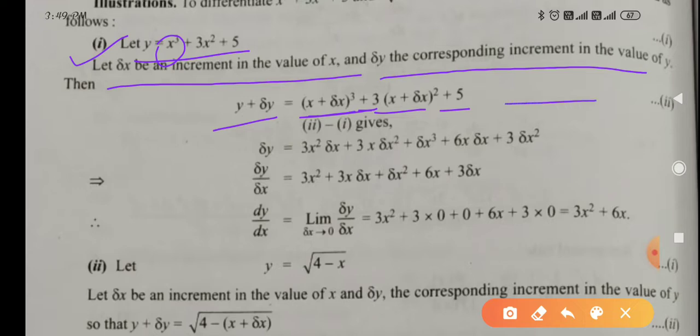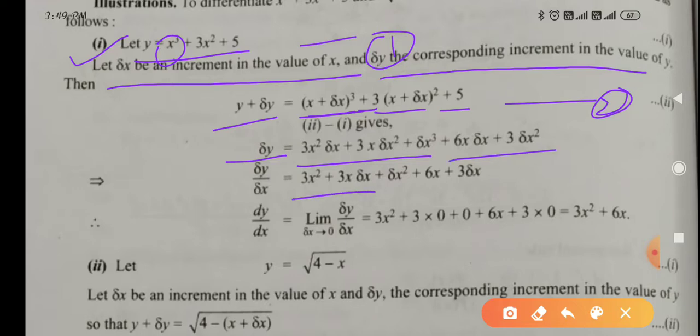This is the second equation, and that is the first one; you subtract the first from the second. So delta y will come on the LHS, and on the right, second RHS minus first RHS. Finally you will get 3x square plus 3x into delta x plus delta x square plus 6x plus 3 delta x, which is delta y upon delta x.